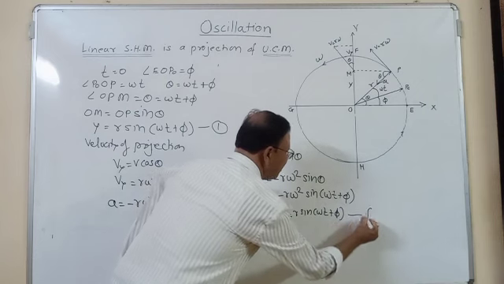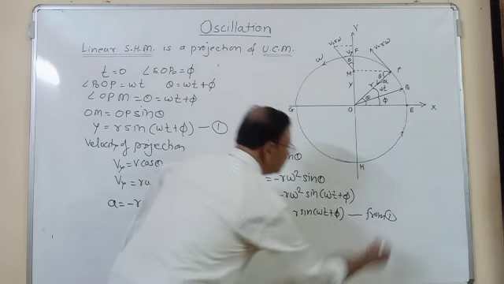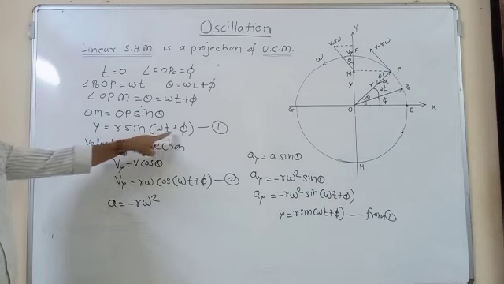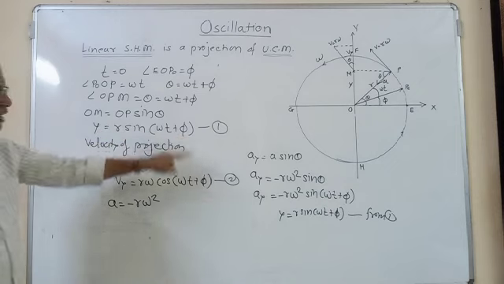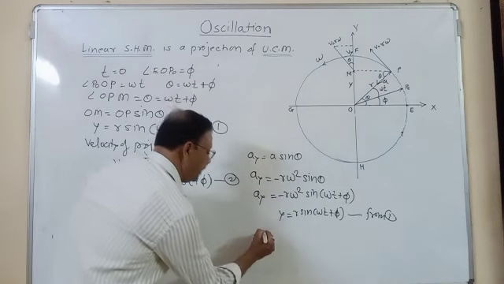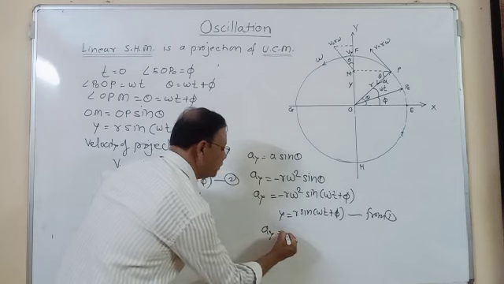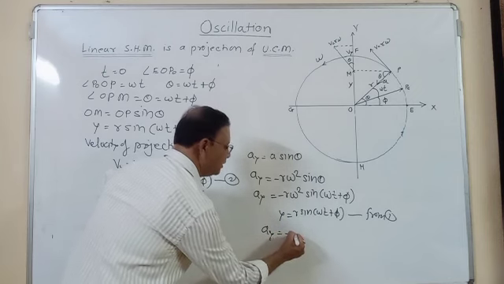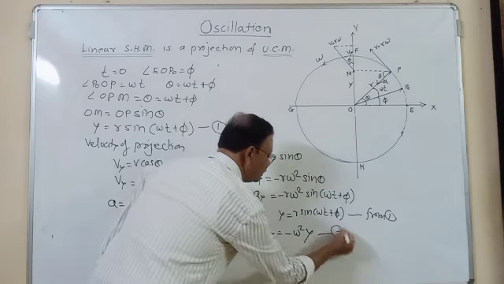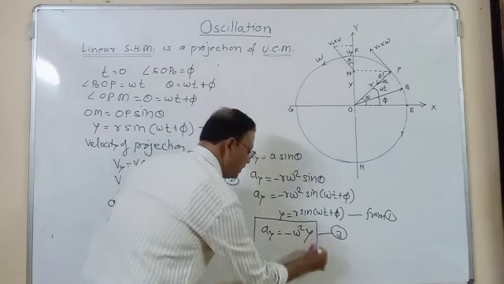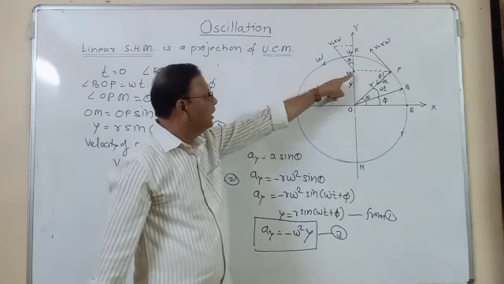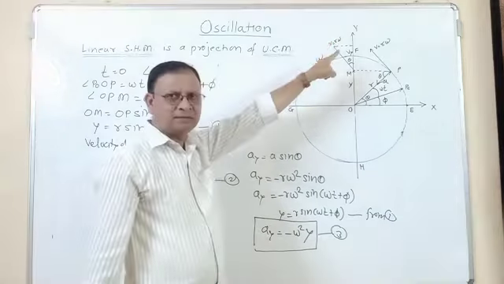Therefore, we can write Ay is equal to minus omega square y. So this is the acceleration of projection of a particle along the diameter.